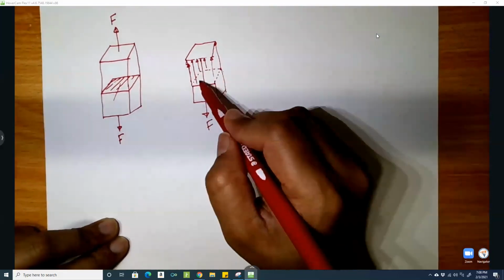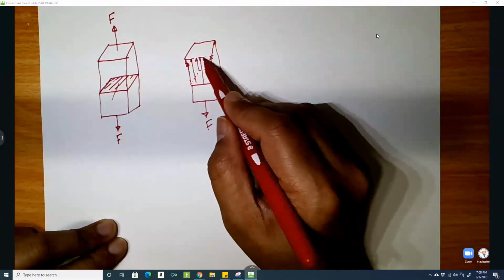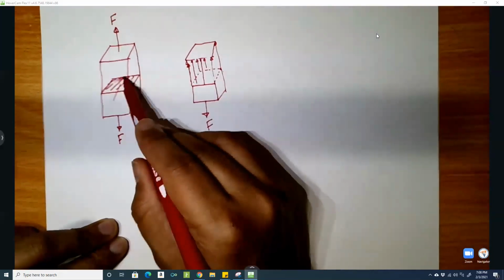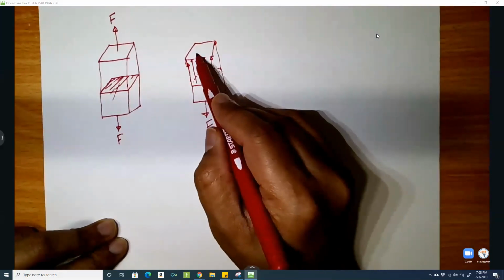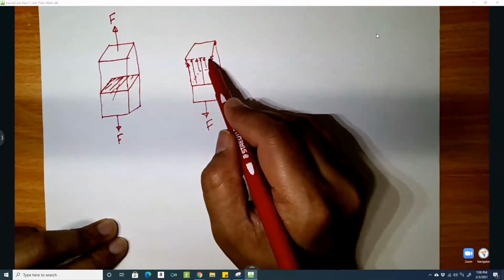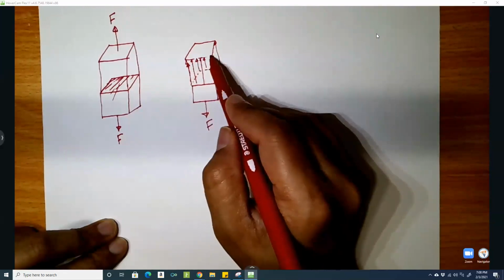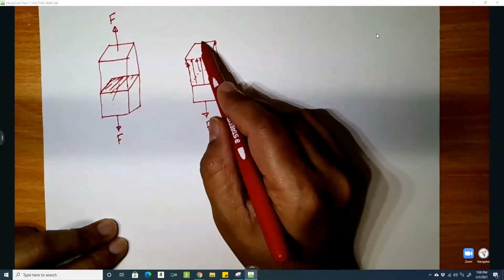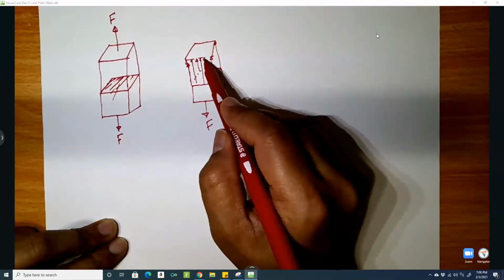Due to this force, the entire cross section area of this segment has a pressure, which will generate a distribution.